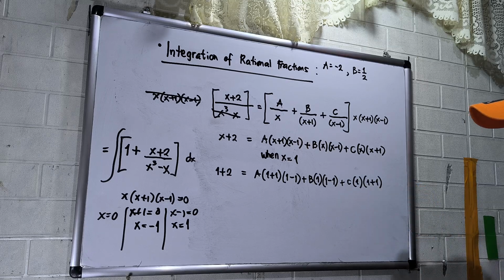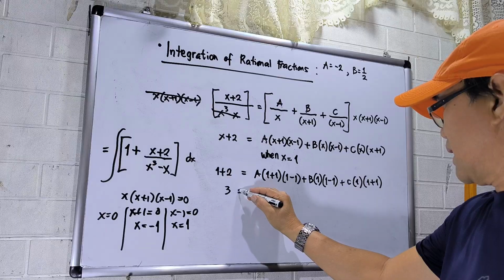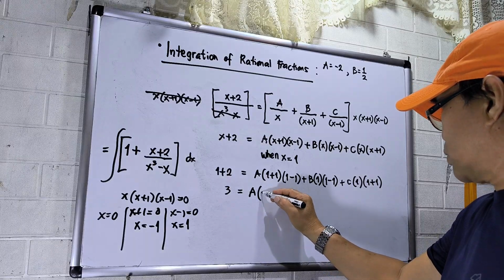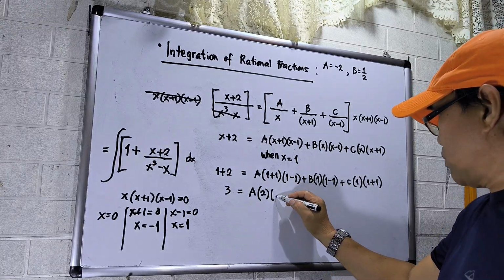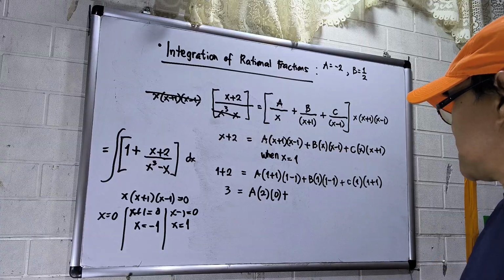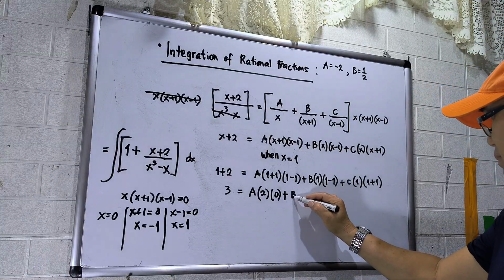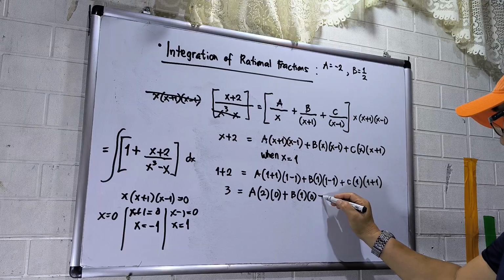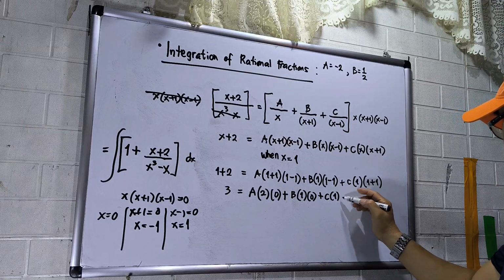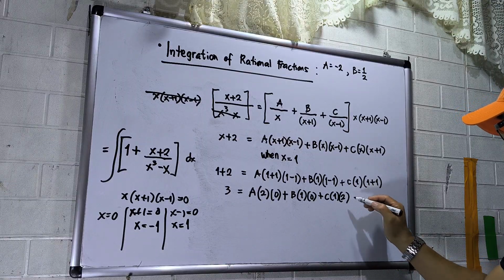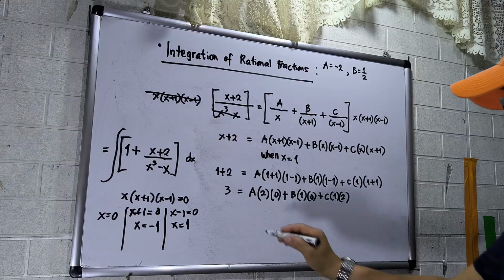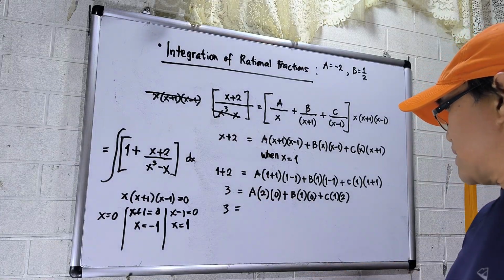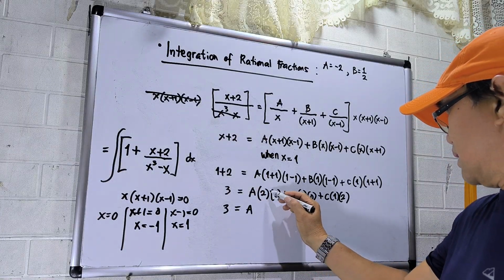plus 1. Okay? So this will be 3. A will be 2. 1 minus 1, that will be 0. Plus b times 1, 0. Plus c times 1, 2. Okay? This will be 3 is equal to a. This will be 0.